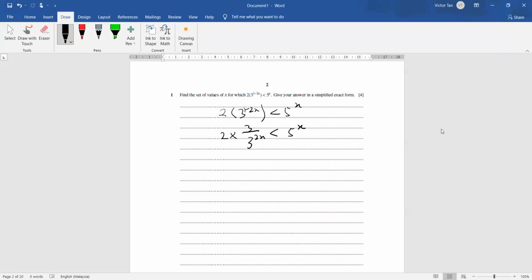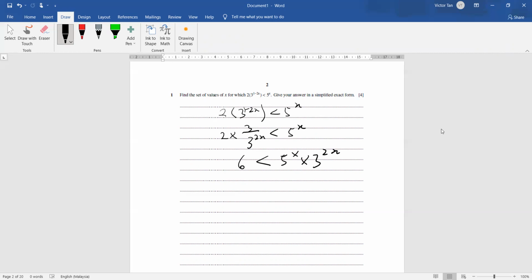By multiplying by 3 to the power of 2x, it is okay, because an exponential is always a positive value. So you have 6 is smaller than 5 to the power x times 3 to the power of 2x.